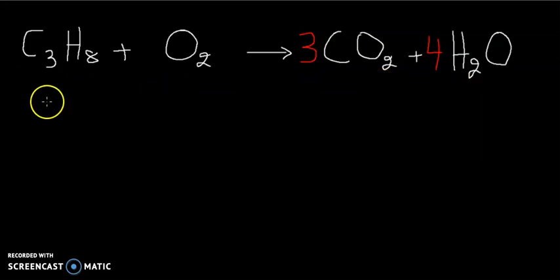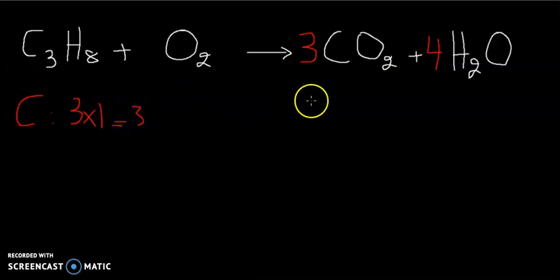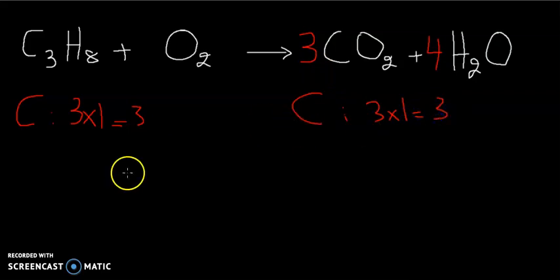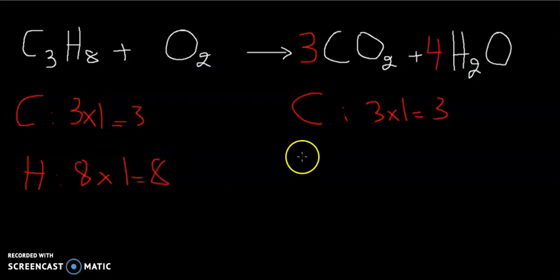So let's do, just to make sure, for carbon, 3 times 1, you have 3. And for carbon here, 3 times 1 also, you have 3. So they are balanced. Let's check for hydrogen. 8 times 1, it's 8.